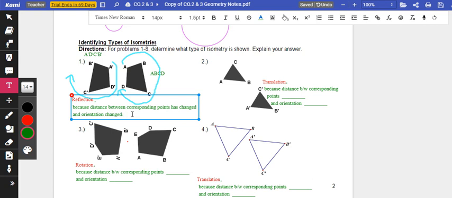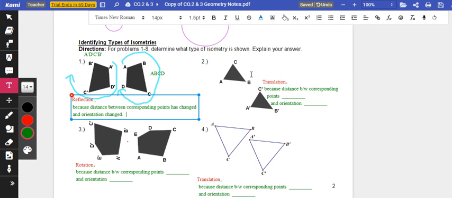So a reflection is going to happen when the distance between those corresponding points, A and A prime, B and B prime, is different or has changed, and the orientation has also changed. So the order of those letters has changed.